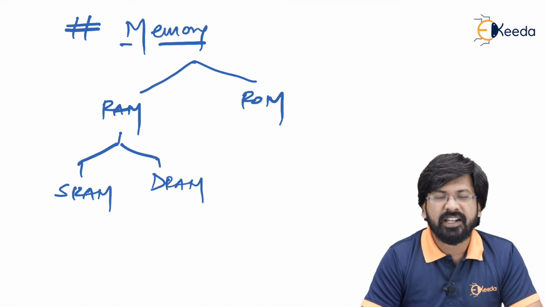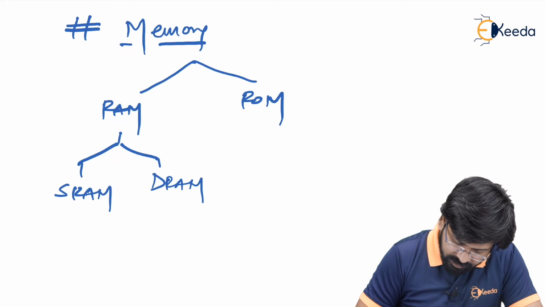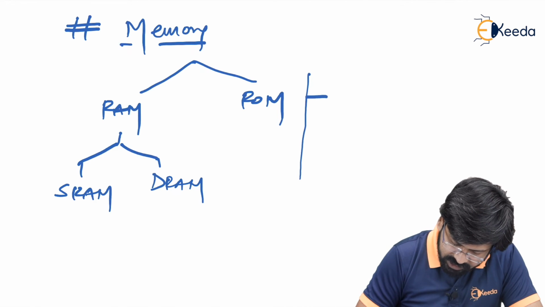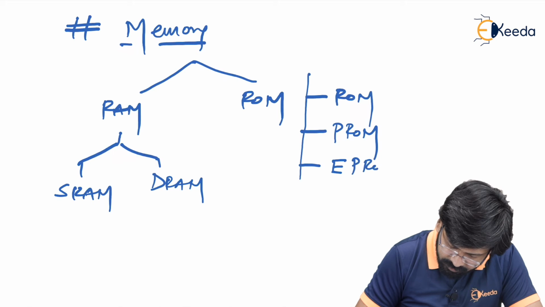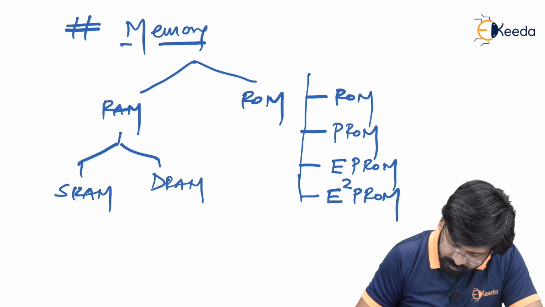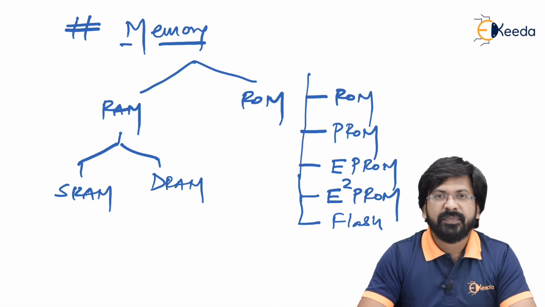SRAM stands for static RAM and DRAM stands for dynamic RAM, whereas ROM is also classified as simple ROM, programmable ROM, erasable and programmable ROM, electrically erasable and programmable ROM, and last is flash. So these are types of the memory.